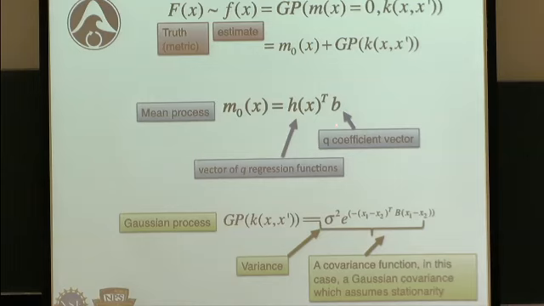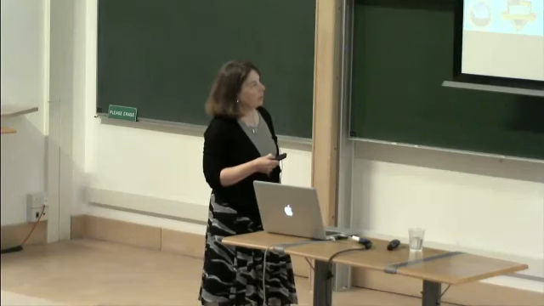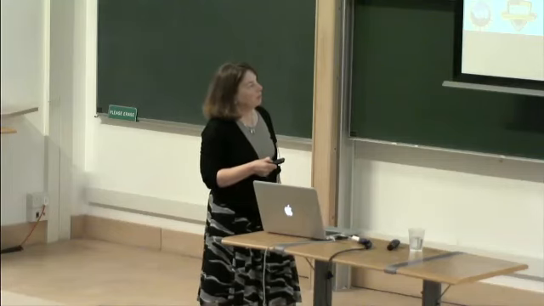This information is a prior that goes into the emulator calculation. For the cases that I'm looking at, this is actually a linear function. And then the Gaussian process consists of a variance quantity and a covariance function. In the cases that I'll show, it's a Gaussian covariance function, but this covariance function can be something other than Gaussian. It can be anything.